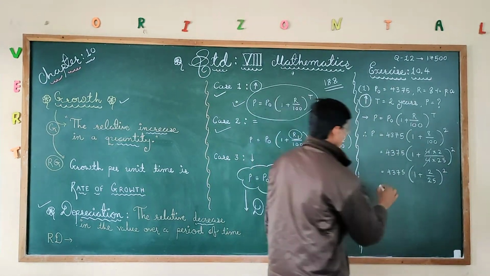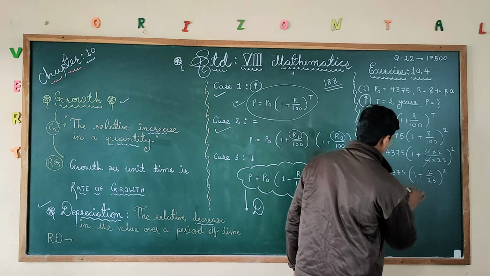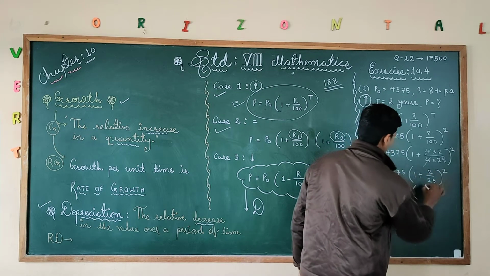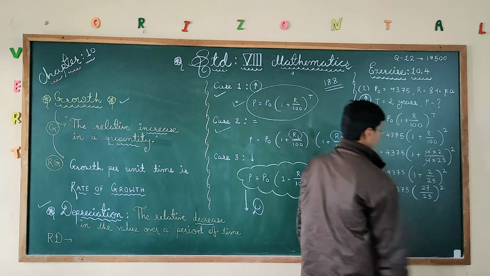The next step is 4,375 as it is. Now the LCM gives 27 upon 25, whole square.